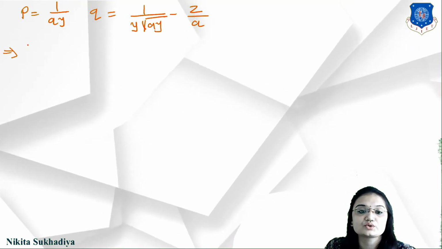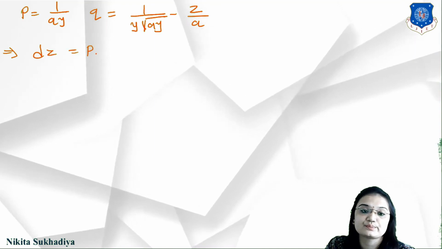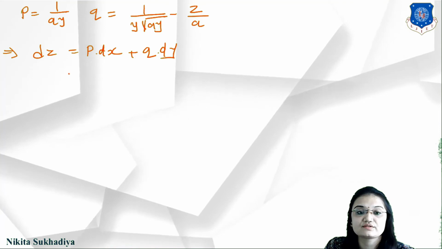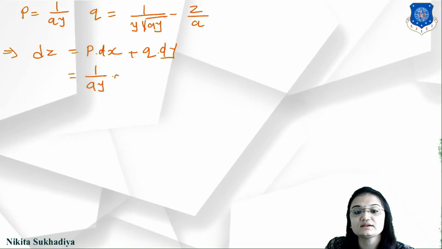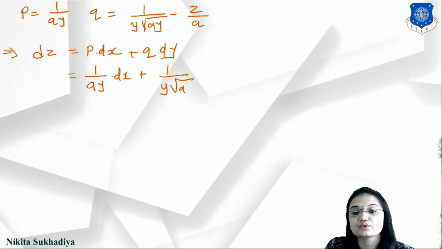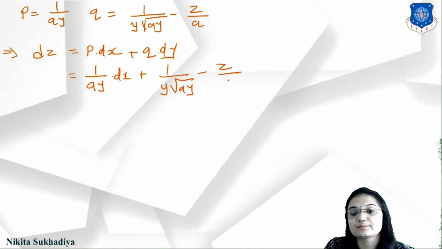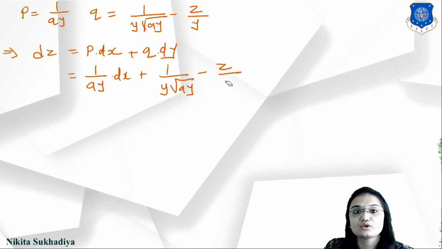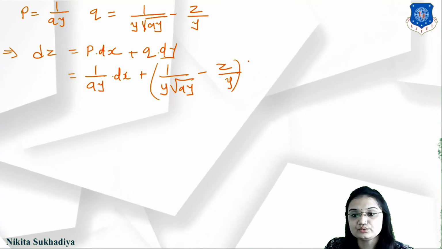Okay, so the solution is dz is equal to p into dx plus q into dy. So here we have p that is 1 upon ay into dx plus q is equal to 1 upon y under root of ay minus z upon a. Here we have y, not a, into dy.